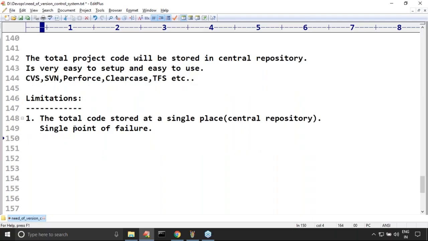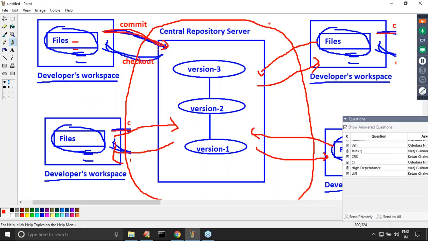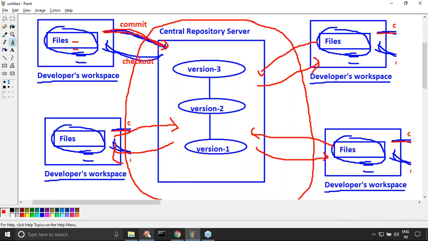Remember this one, which is very dangerous. If something happens to this centralized server, then automatically the total system, the total environment, is going to collapse. Single point of failure.